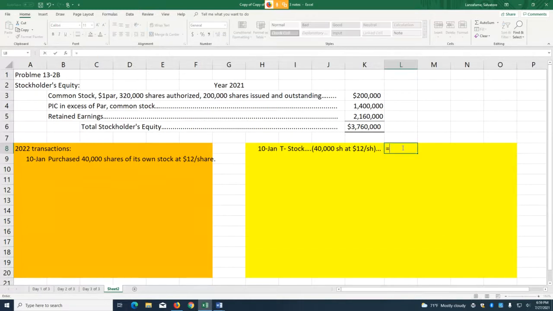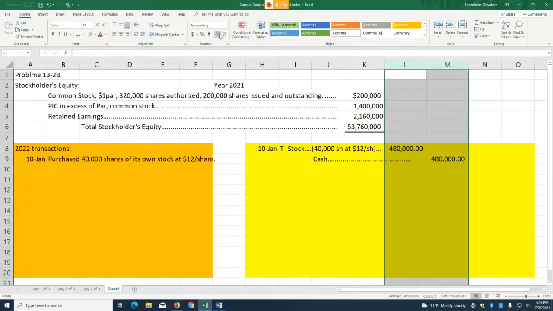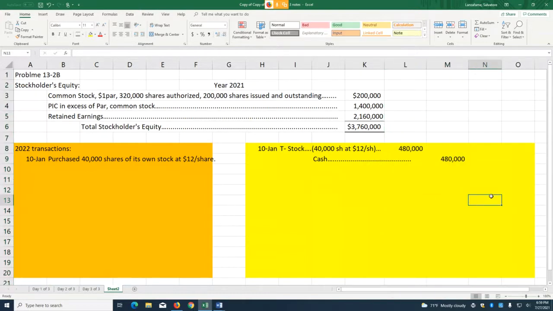So 40,000 multiplied by 12, I get 480,000. And we want to credit cash for the same 480,000. So that's just like the first transaction we did today. Any questions with that transaction? Whenever you purchase your own stock, you debit treasury stock, you credit cash.